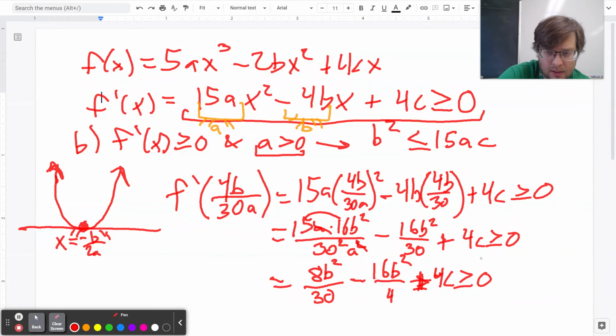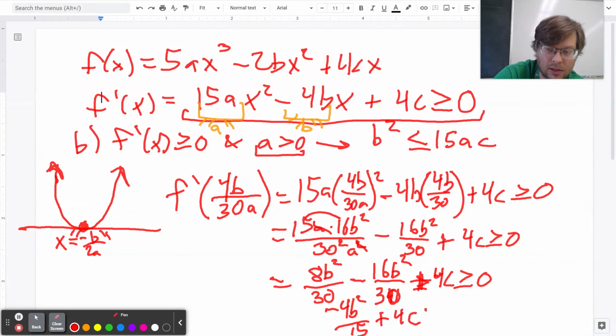Now I'm going to reduce my fractions, and I can combine them because they have a common denominator. So I can make this 4b squared minus 8b squared, so that's negative 4b squared over 15. I just reduced my fractions.